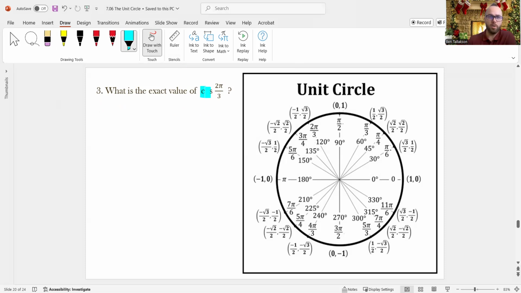You're finding the cosine of this positive radian. Well, no tricks with positive radians. You just look for it. 2 pi over 3 is right there. What's the cosine? We went over this several times today. It's the x value correlated with that angle. So negative 1/2.